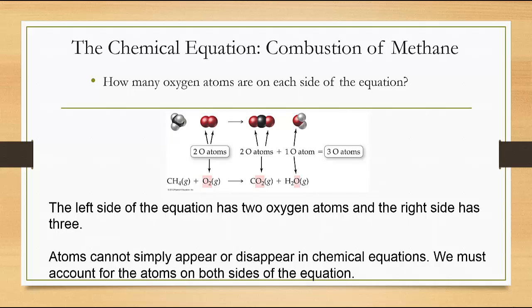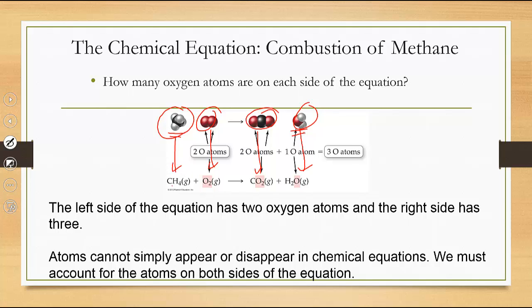So let's look at what these chemical formulas and chemical equations actually mean as far as what's happening. So here we have CH4. Here we have O2, CO2, and H2O. You can see that each of these numbers represents an atom. So the atoms at the beginning have to be the same as the atoms at the end.